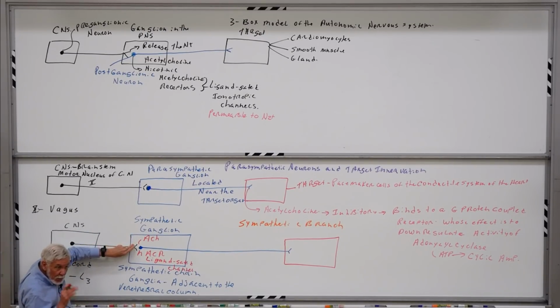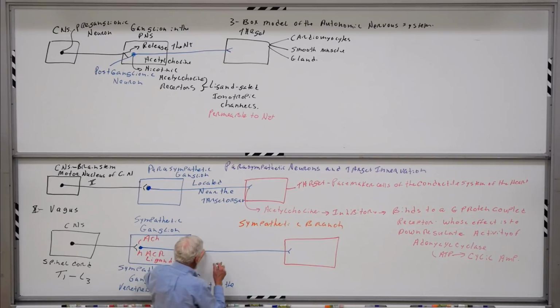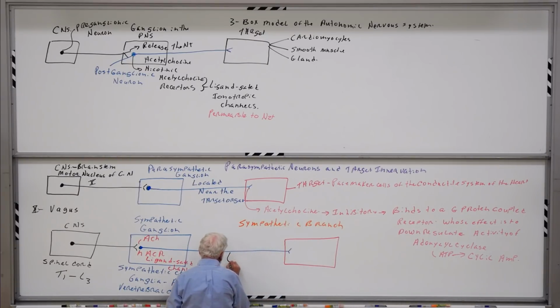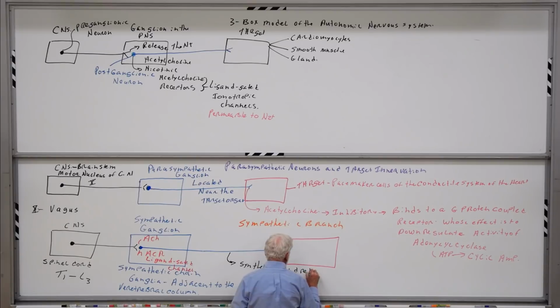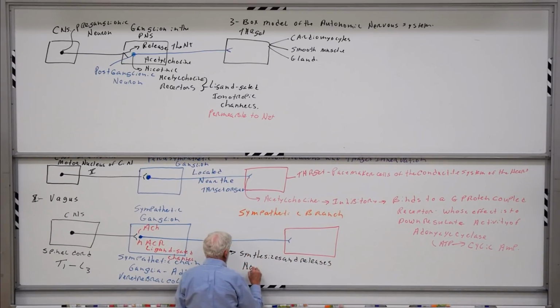Where things get to be different now is here in this postganglionic neuron. Typically, this postganglionic neuron synthesizes and releases norepinephrine.